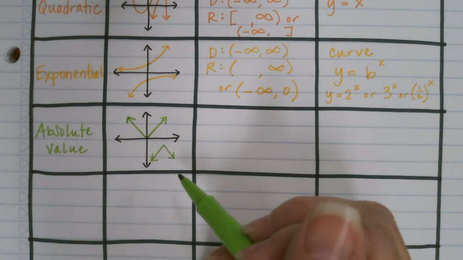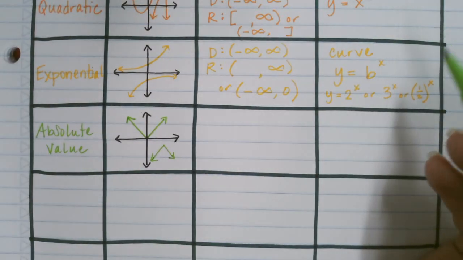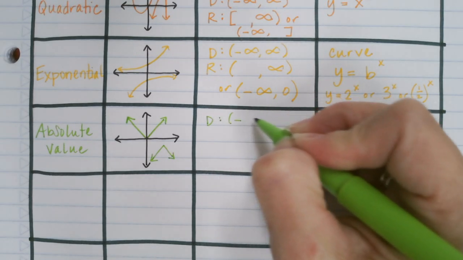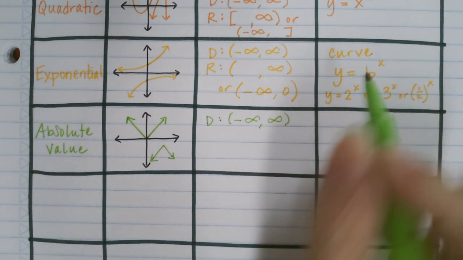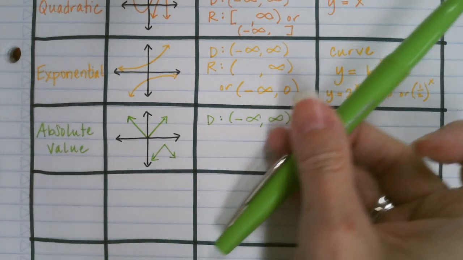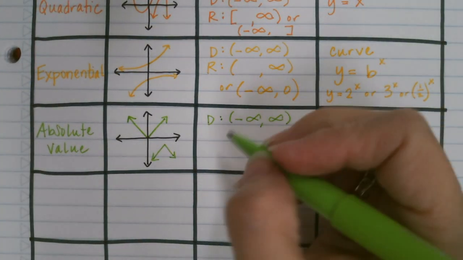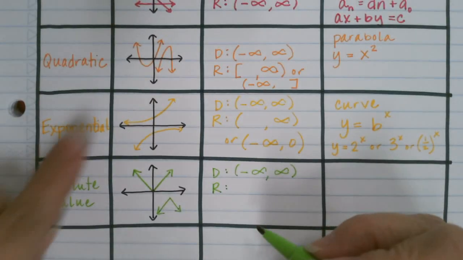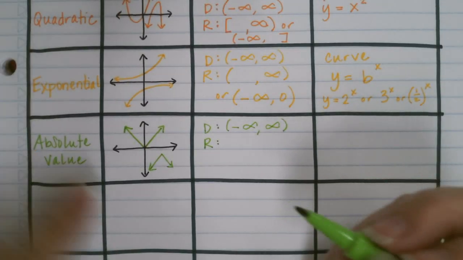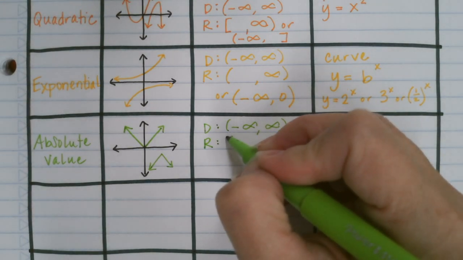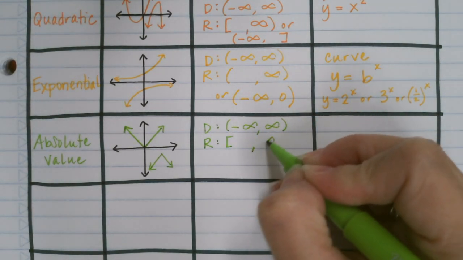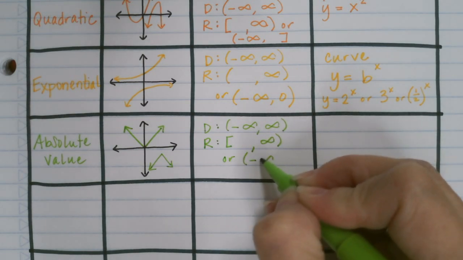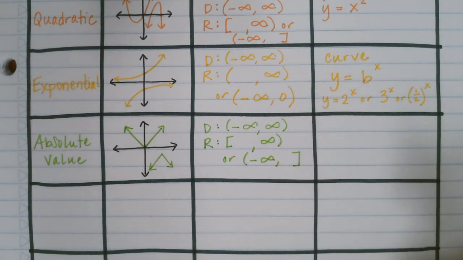So this one is going to be more like the quadratic domain and range. So the domain is going to be negative infinity to infinity, because it's just going to continue going out, out, out, either direction. But the range is going to be more like the quadratic, where it actually hits an exact point. So you're going to have a bracket with infinity, or you could have negative infinity with a bracket.